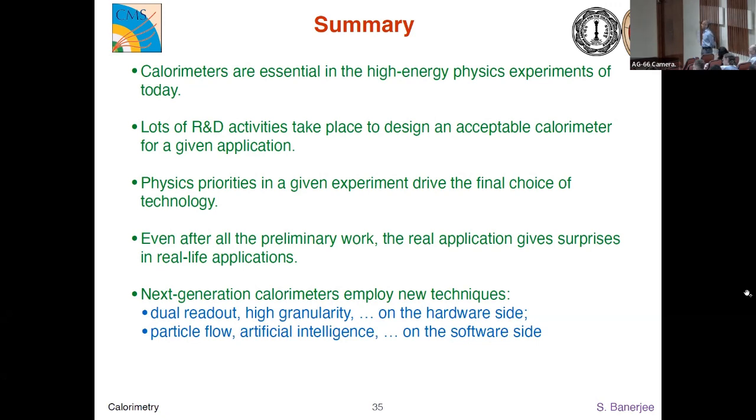Even after all the preliminary work, and this is the lesson at least I have learned, the real application gives surprises. So one really has to watch out whenever you have a very well designed, well tested calorimeter in the real application. You may find what type of problems you face, and you have to try to solve them online.